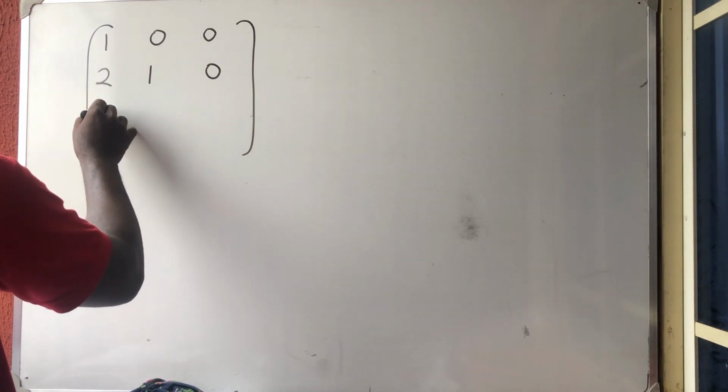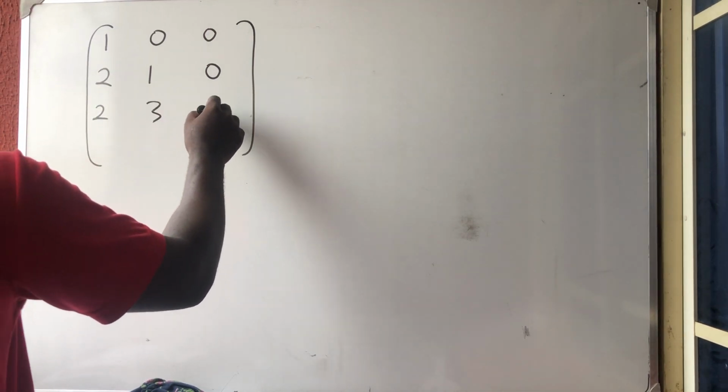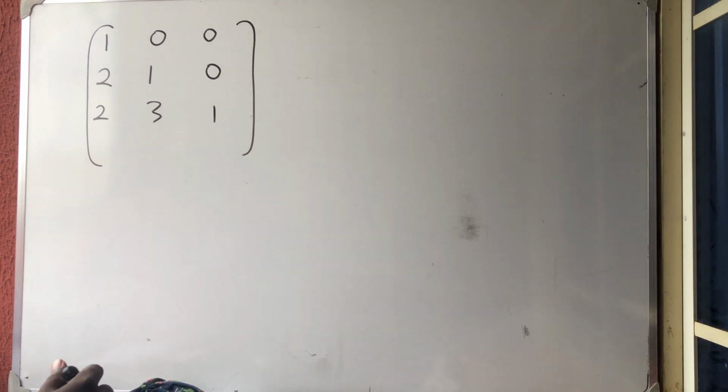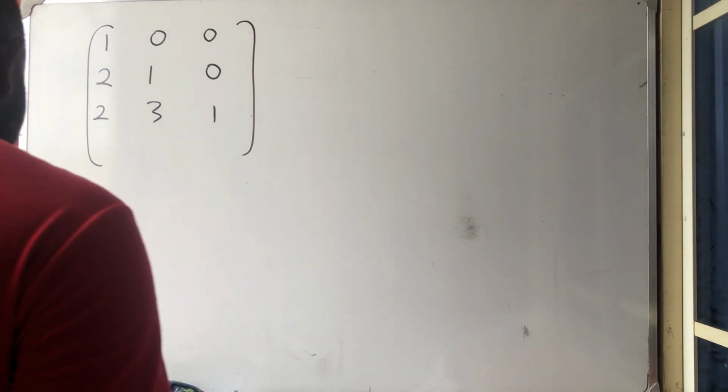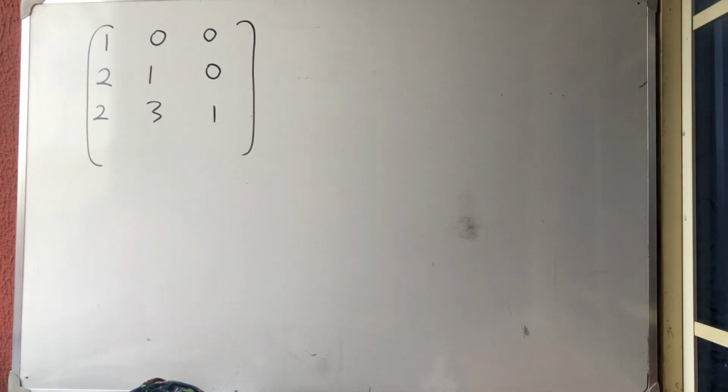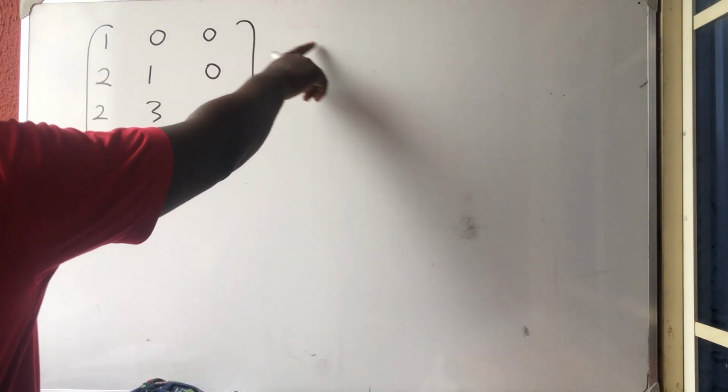So anything can be here, 2, 3, then the last one will be 1. So in the row reduction, the lower triangular is 0. Let me just say the lower triangular is 0. It's not really always like that, but just know that if you have 1 here, everything in the row will be 0.